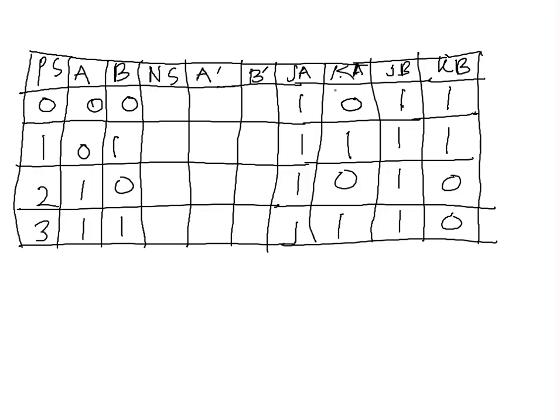Now JA 1, KA 0. If J is 1, K is 0, this is the set mode. If the value of A previously is 0, then A prime, in set mode, will become 1.